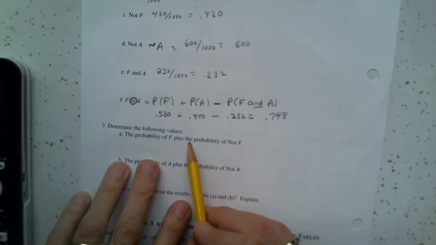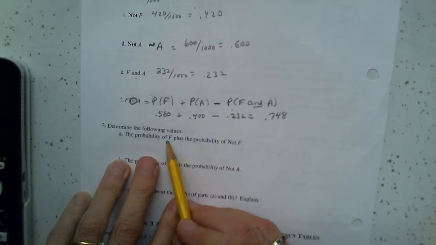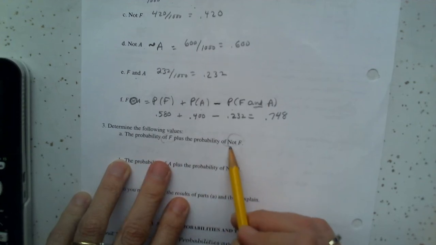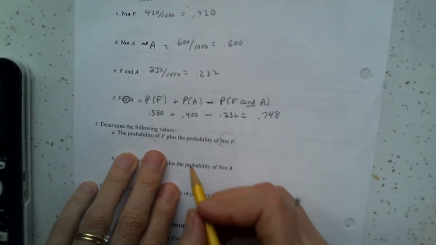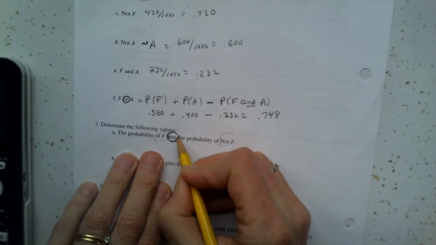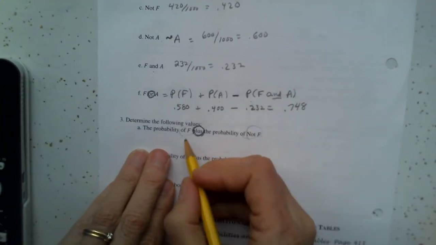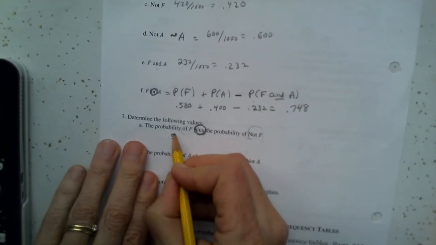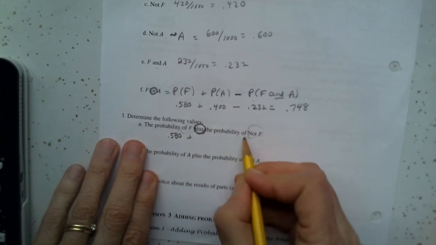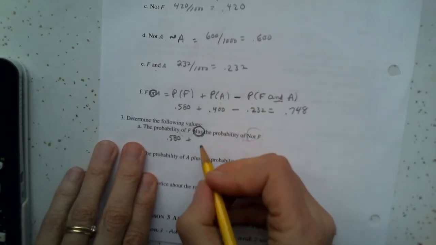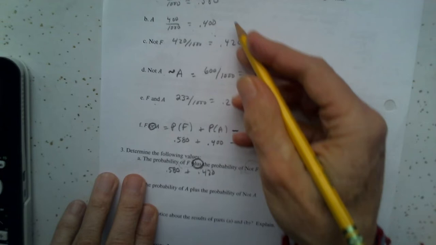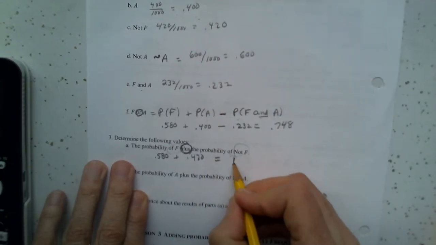Here's a couple of other probabilities. What is the probability of female plus the probability of not female? Plus, we are adding these probabilities. So the probability of female is 0.580. The probability of not female is 0.420. That's all from above. And if you add those, you're going to get 1.